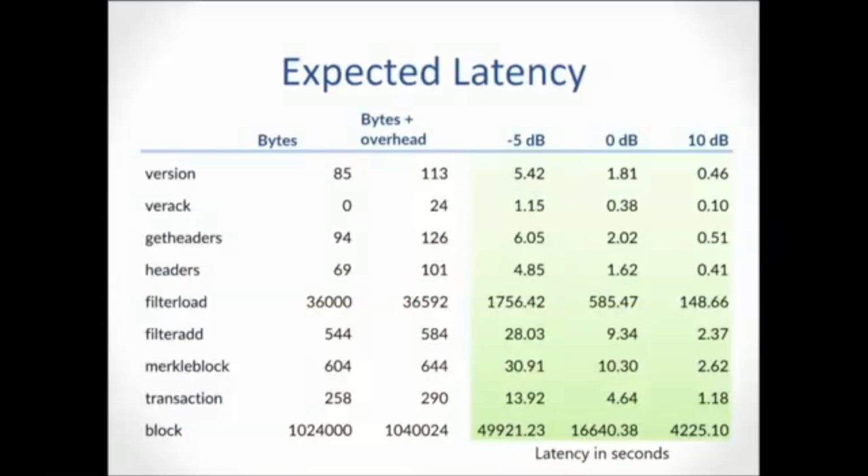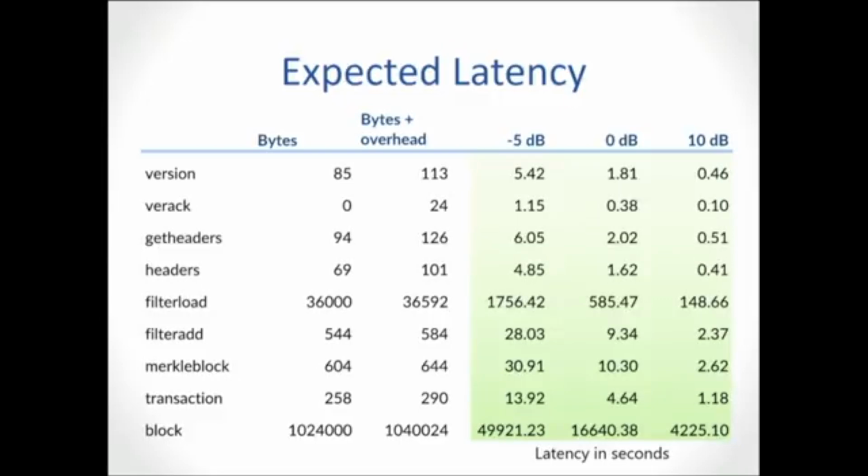So this table shows some sample Bitcoin messages and sample message sizes. And we took the data that we got from our simulations to try to evaluate the feasibility of running a radio-connected SPV client. So based on the data rate and throughput numbers from the previous slide, you can see straight off that even in very good conditions, with a signal-to-noise ratio of 10 dB, it takes well over an hour to receive a 1 megabyte block.